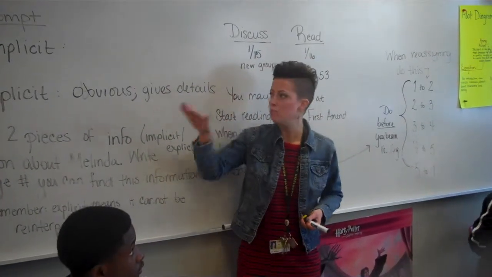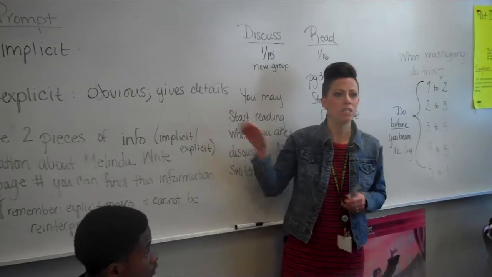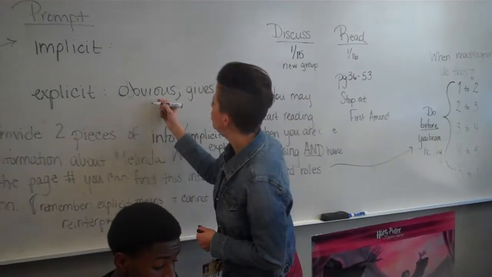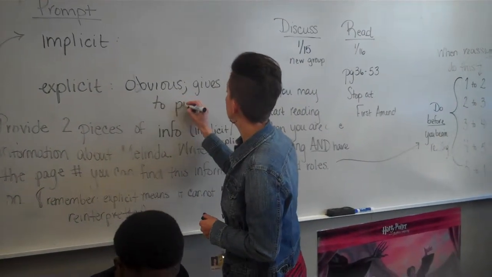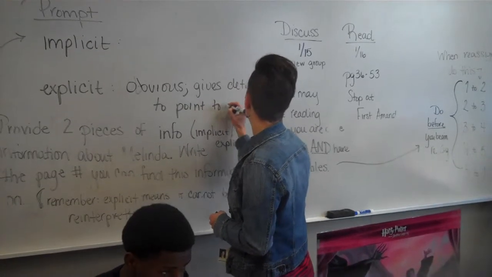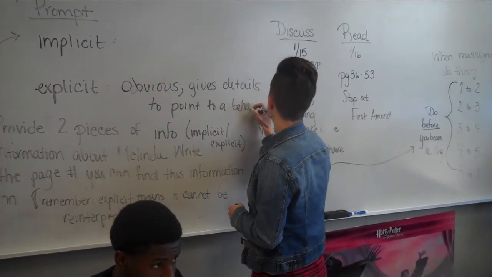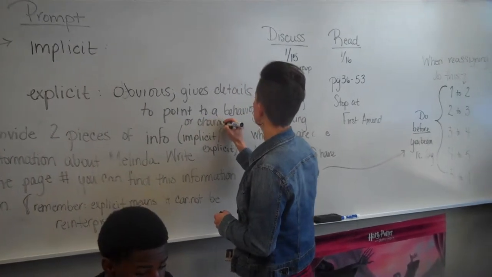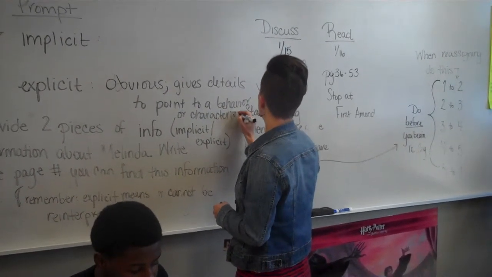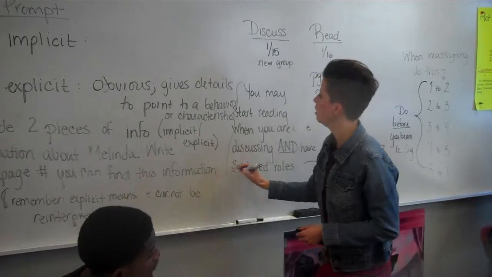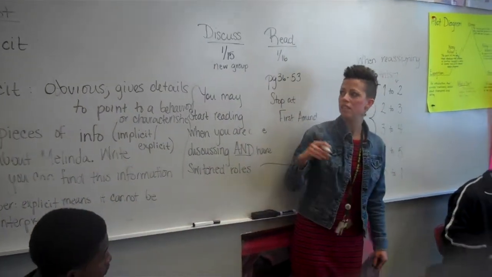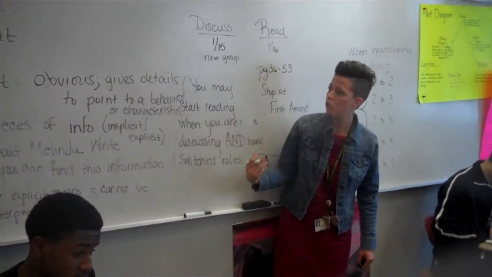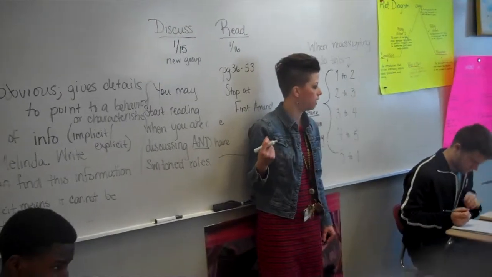So the author is being very obvious. It's giving details to point to a behavior or characteristic. So obvious, gives detail, points to a behavior or a characteristic.